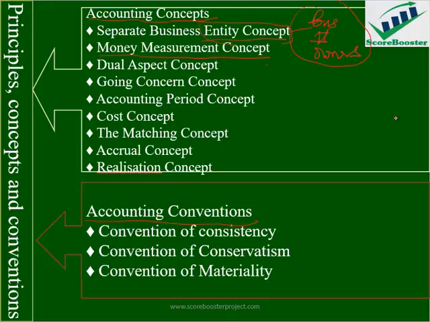If I say A bought goods from B and I keep quiet, I cannot record anything, because I will ask the question, how much? So it must be stated in monetary terms. That is what we call money measurement concept. Then dual concept, I've told you in the previous slide that it's based on the double entry principle. We are going to do more of that as we move ahead.